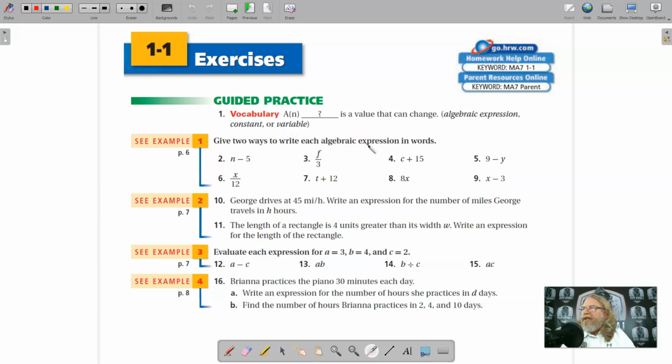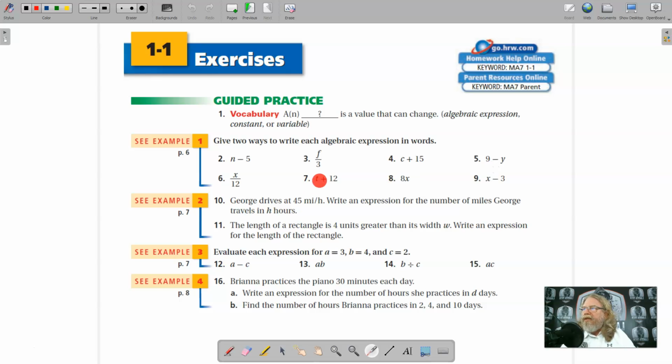Give 2 ways to write each algebraic expression in words. Let's do the odd numbers for this one. We have f over 3, or we could say f divided by 3, or the quotient of f and 3. For number 5, it's 9 minus y. We could also say the difference of 9 and y, or 9 minus y, or y subtracted from 9.